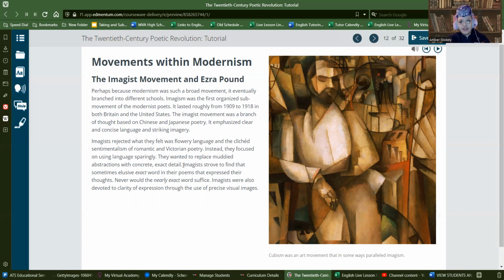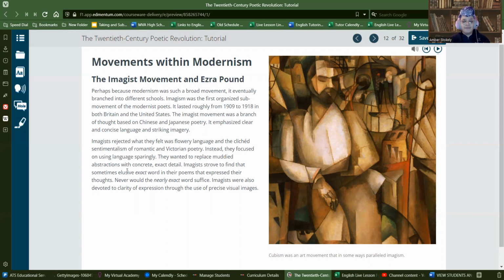It says here, imagists strove to find that sometimes elusive exact word in their poems that express their thoughts. It's like if you've ever been trying to write someone a text message or send them a voicemail, and you're like, oh, I have the word that describes my feeling right on the tip of my tongue. I'm so close, but I can't figure it out. I know that there's just one word to describe what I'm trying to put here.